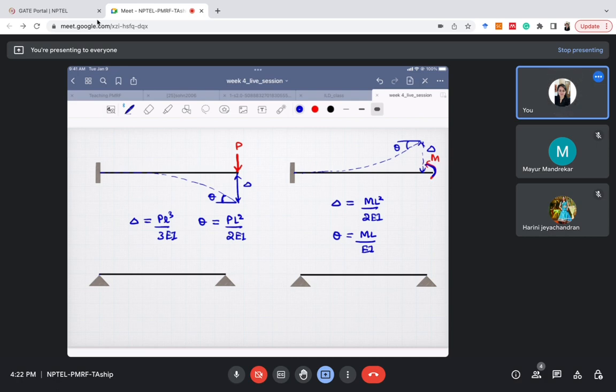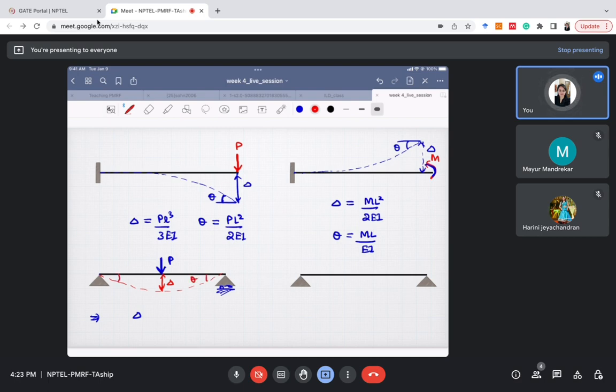Now for a simply supported beam, when we apply the load at the center, how will it deflect? It will deflect like this. There is some maximum displacement delta, and there are thetas here.